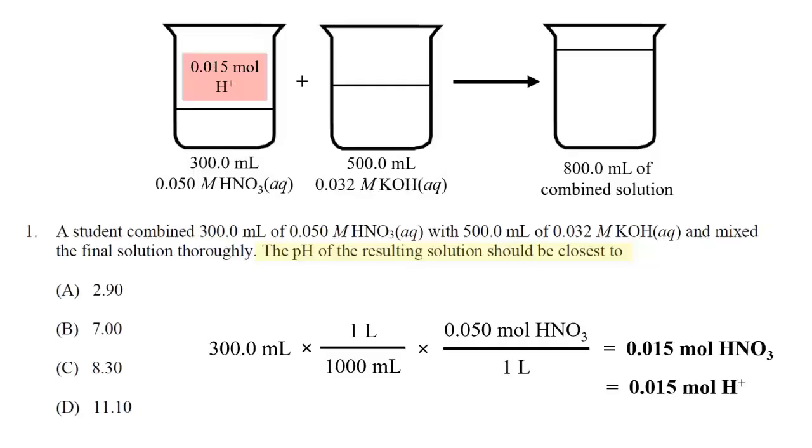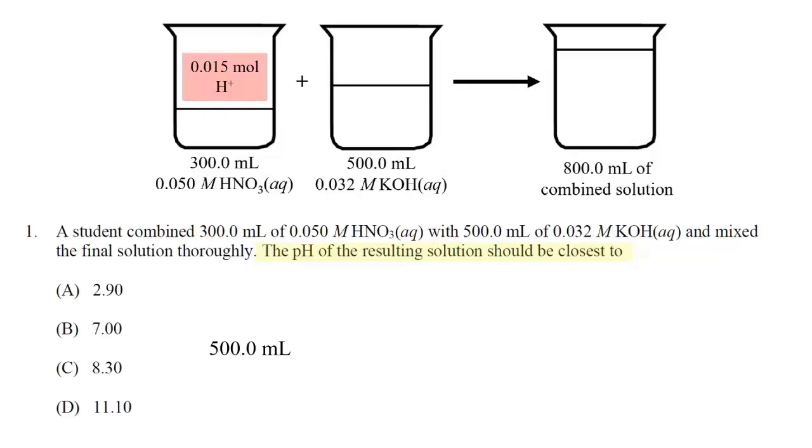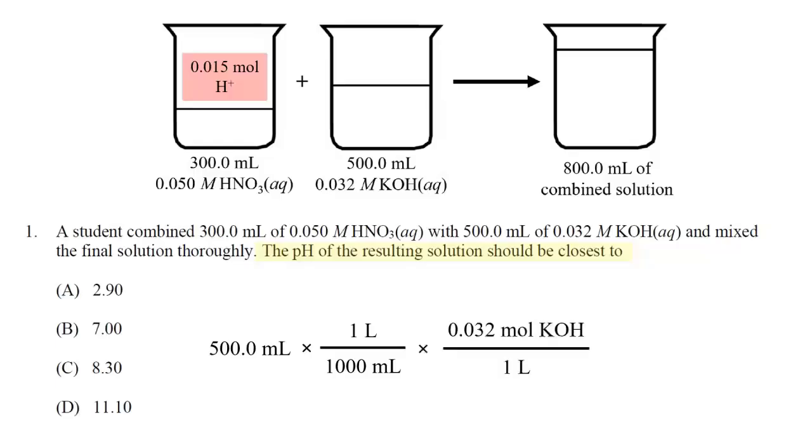Now we're going to do a similar calculation for the second beaker, which is the solution of potassium hydroxide. So the volume of that solution in the second beaker is 500.0 milliliters. First, I'm going to convert from milliliters to liters, so divide by 1,000, and then using the molarity, there's 0.032 moles of potassium hydroxide for every 1 liter.